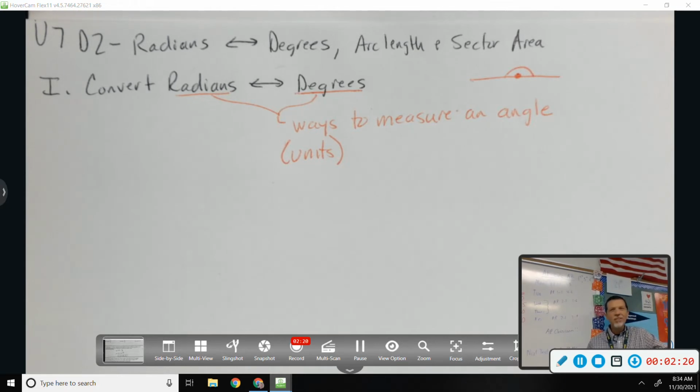You don't have such a good feel for what radians are yet, and that's okay because we're just learning them. But part of today is starting to get a feel for radians. It's a little bit analogous to feet and meters, right? They both measure length, but when you're in physics, you have a good feel for feet, like you know how far 10 feet is, how tall 6 feet is.